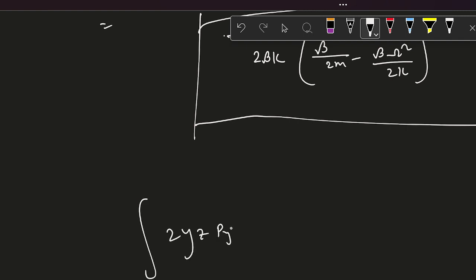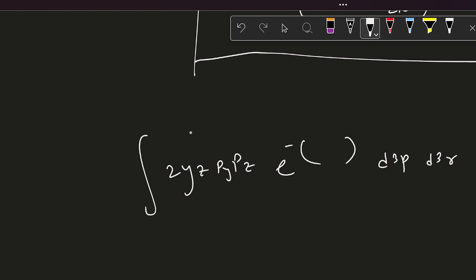2yz py pz, right? But this part is relatively easier because when you have this 2yz py pz and the whole e to the power minus something and the whole d cube p and d cube r, one thing strikes you immediately: you have z dependence in only three terms. One is z itself, and then you have e to the power of minus βk by 2 z squared, and you have dz, right?